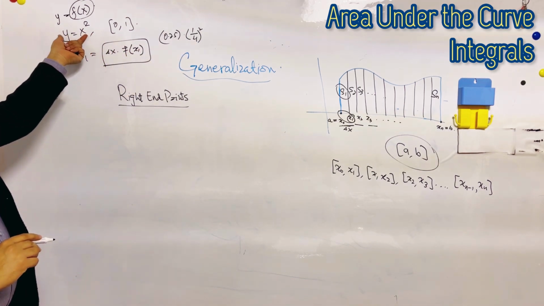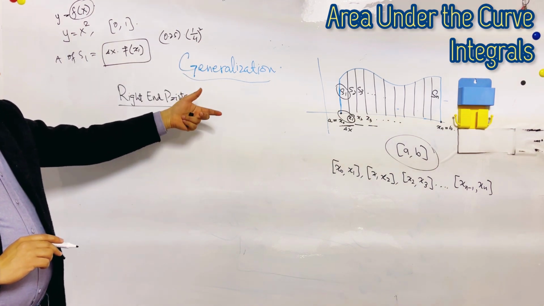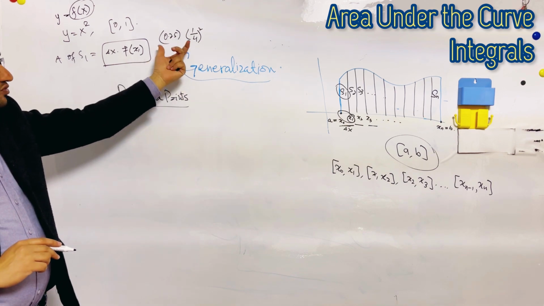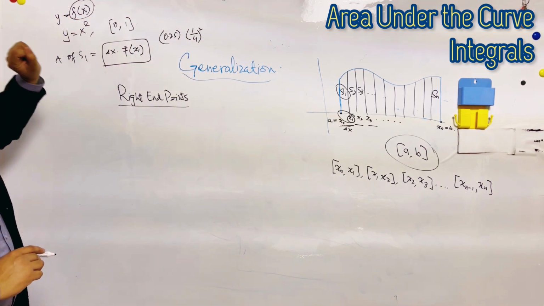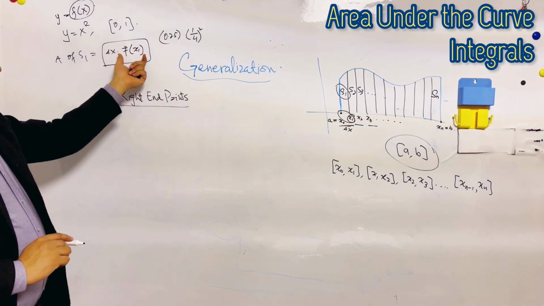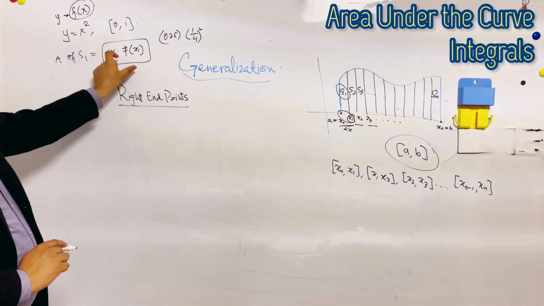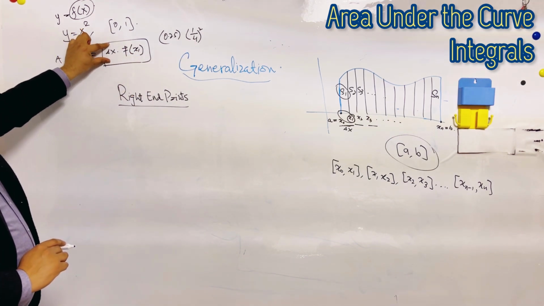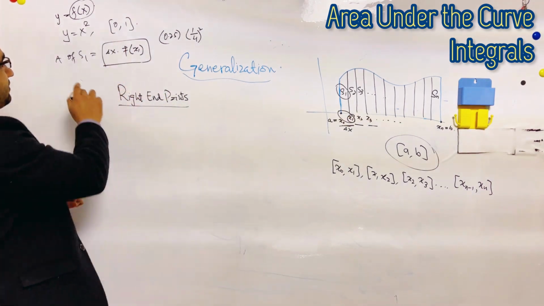Whatever the rule is, in this case it was x square, so it became 1 by 4 square. If it is x cube, it will become 1 by 4 cube. If it is the square root, it will become the square root of 1 by 4, whatever the rule of the function is. So in general, it is the value of the function at that point into the slice width delta x. This is the general rule.